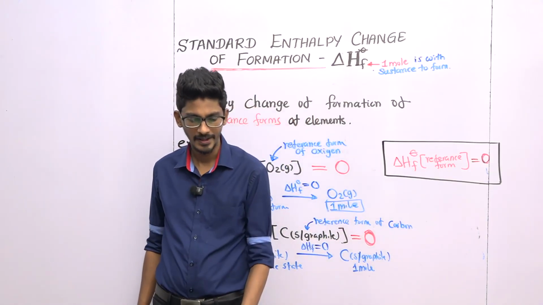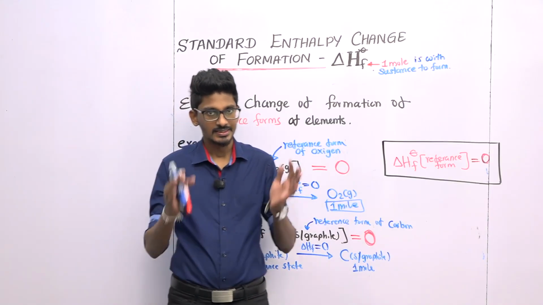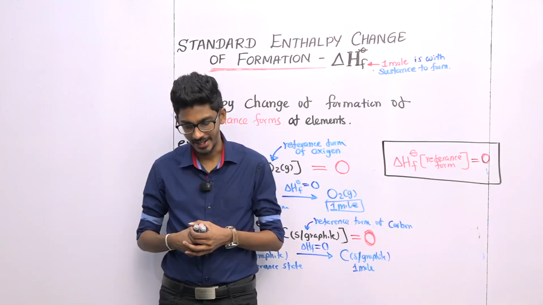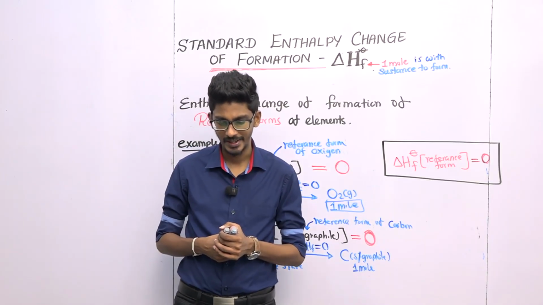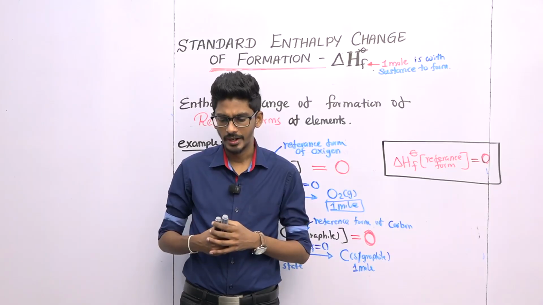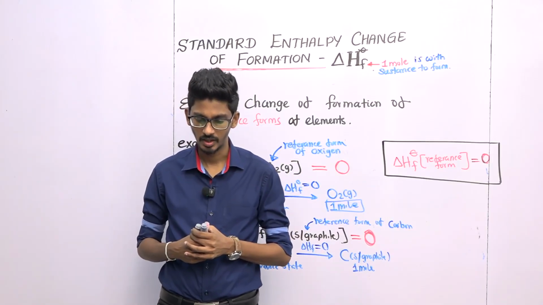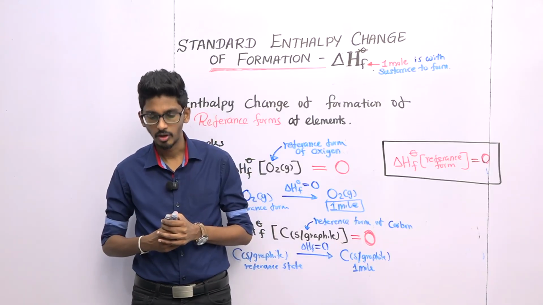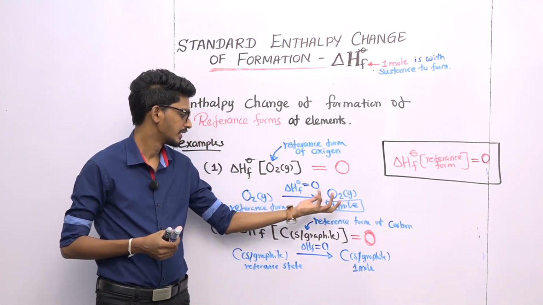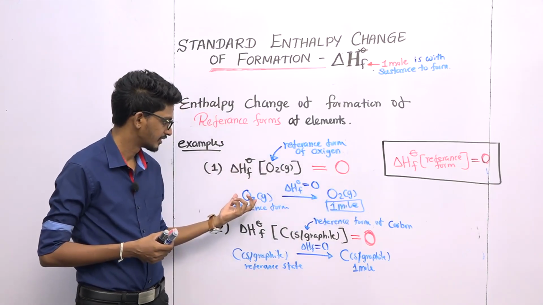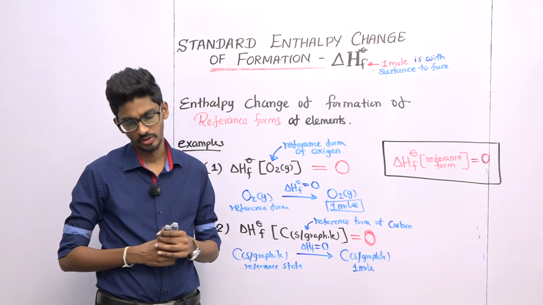That is what is given at point number 2 of page number 15. See, it says, because the formation of the most stable form of an element from itself is no change at all.